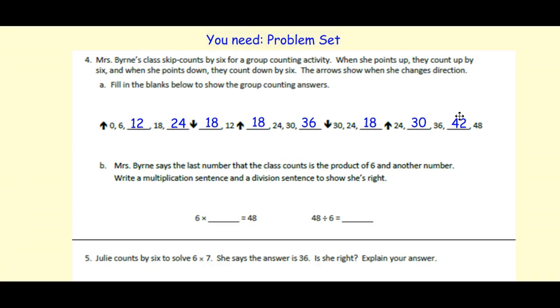And then you will be able to fill in both of these blanks for the multiplication equation and the division equation. I want you to push pause, and I want you to fill in the correct fact for those blanks. I know that 6 times 8 gives me 48, so 48 divided by 6 will be 8.